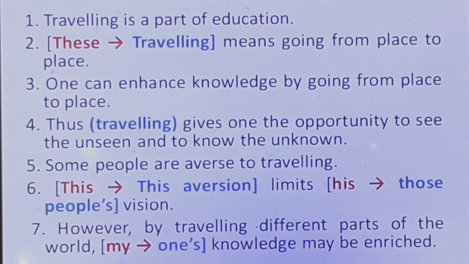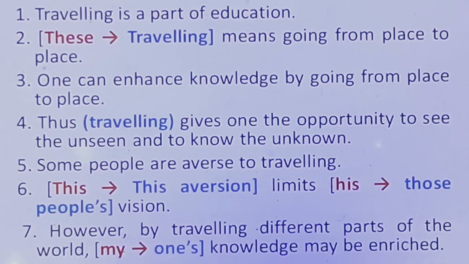Dear students, for your better understanding, I have marked the incorrect portions in red color. On the other hand, I have marked the correct, replaced or rewritten portions in blue color. So, in the second sentence, instead of these, you have to write traveling. In the fourth sentence, we have to include traveling.